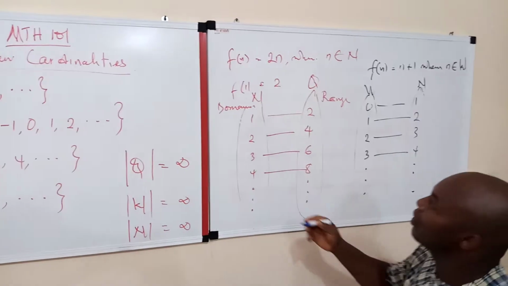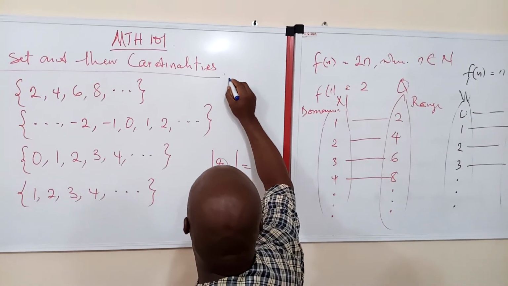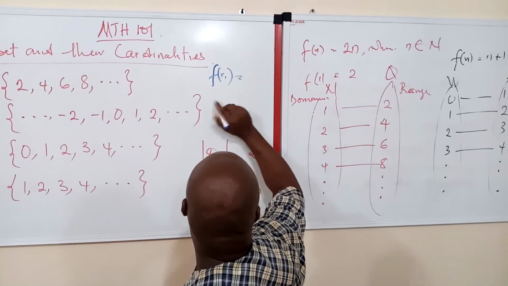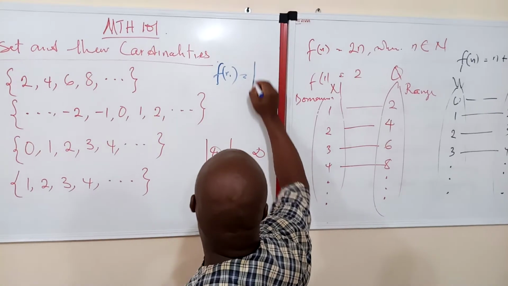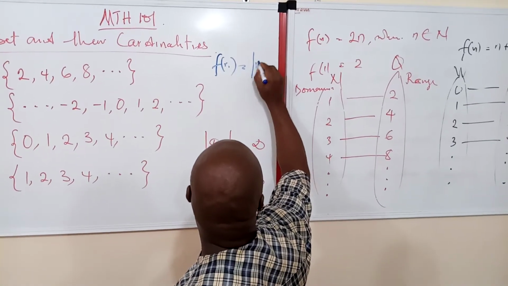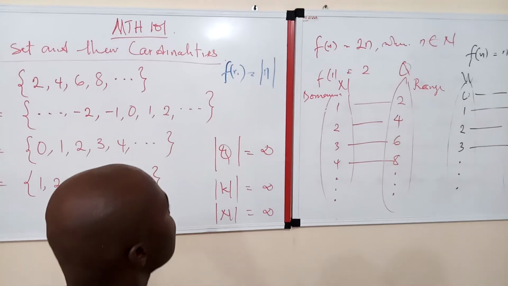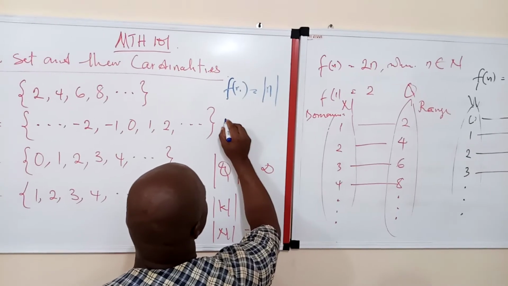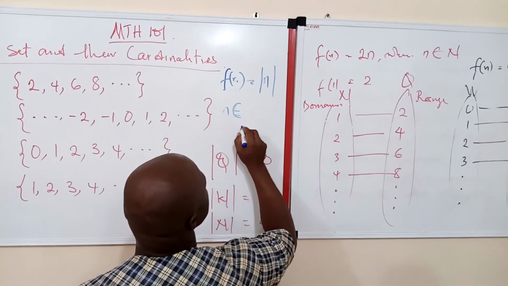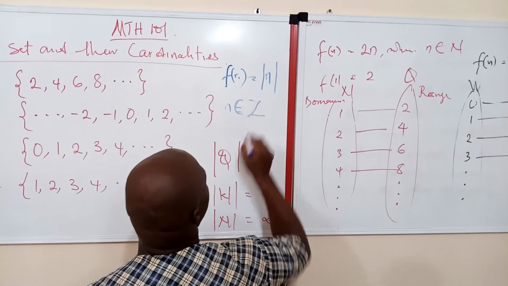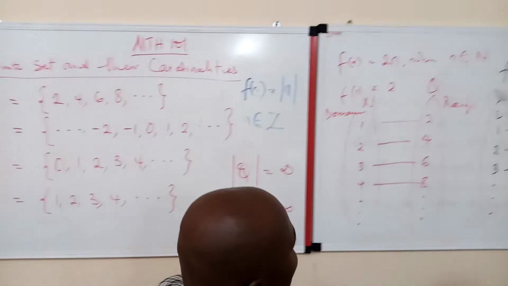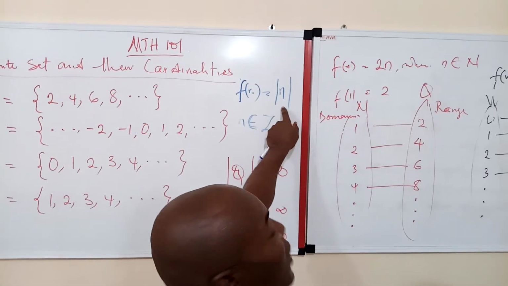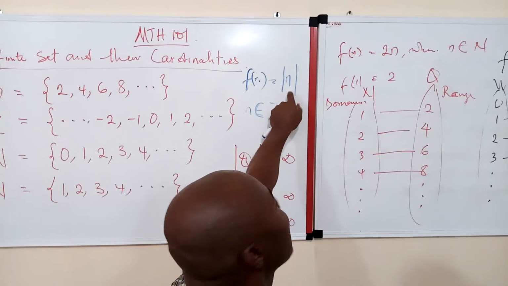Now, lastly, let's also look at another function. If we assume that n is contained in the set of all integers, you can see that when you input any value, the absolute value will make it positive.